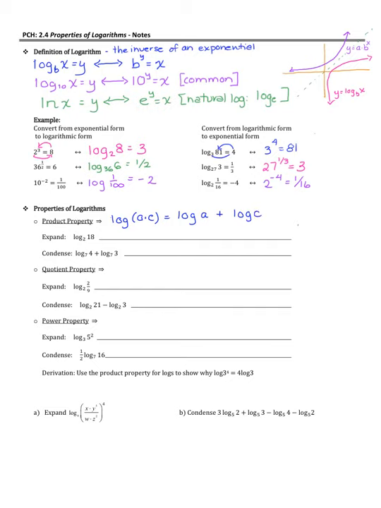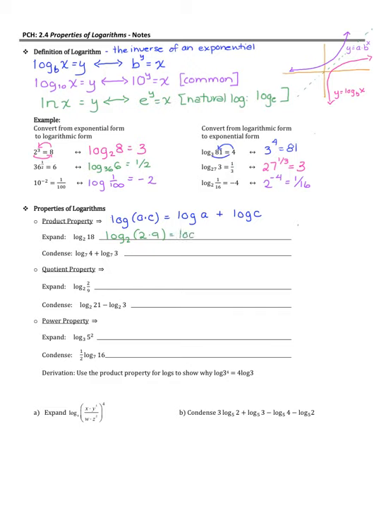So in other words, multiplication and addition go together just like they do with exponents. When you're multiplying bases, you add the exponents. So log base 2 of 18 can be expanded as, I'm going to rewrite 18 as 2 times 9.